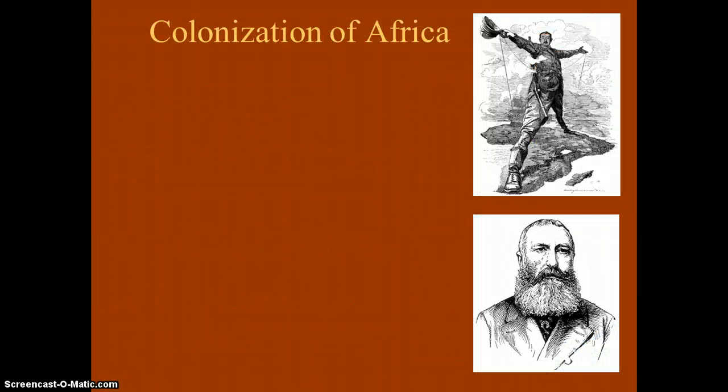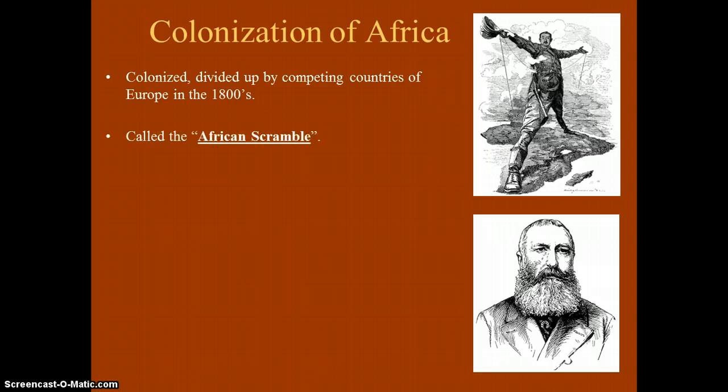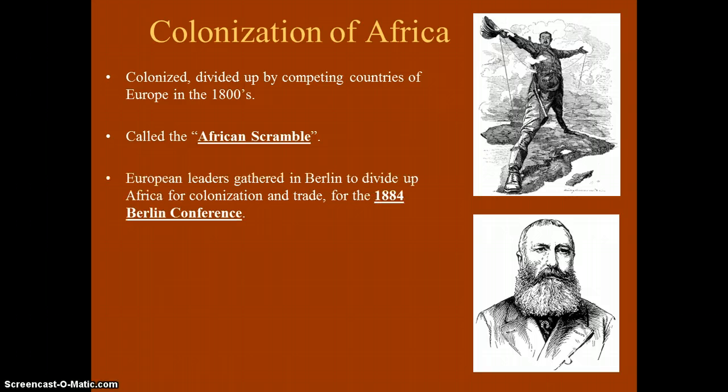Okay, colonization of Africa. Colonies were divided up by competing countries of Europe in the 1800s, called the Scramble for Africa. European leaders gathered in Berlin to divide up Africa for colonization and trade at the 1884 Berlin Conference.